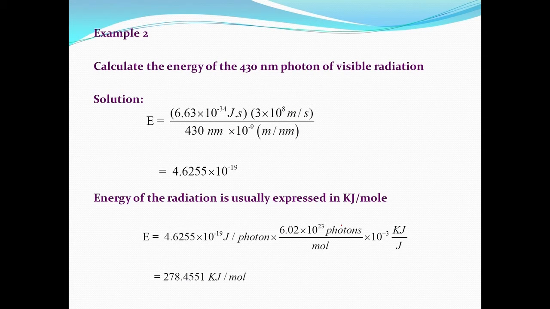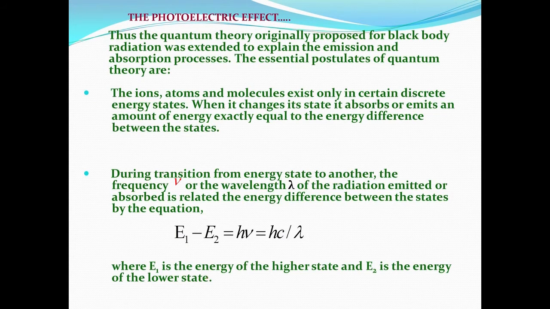If you solve it, you will end up with 4.6255 × 10^-19 joules, that is the energy of the radiation, which is usually expressed in kilojoules per mole. If I do that, I will end up with 278.4551 kilojoules per mole.